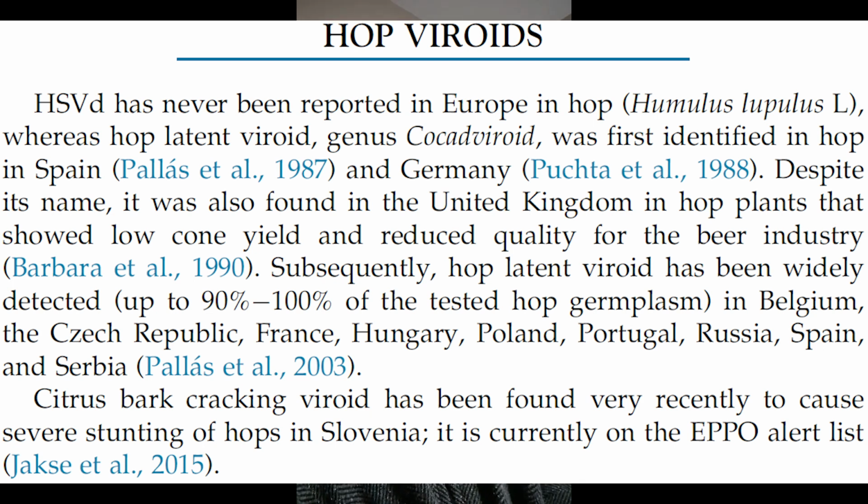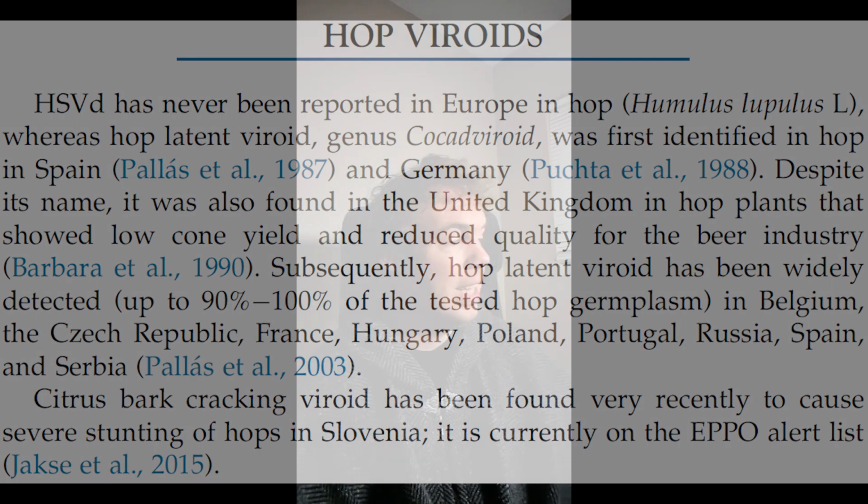Subsequently, hop latent viroid has been widely detected in up to 90 to 100% of the tested hop germplasm in Belgium, the Czech Republic, France, Hungary, Poland, Portugal, Russia, Spain, and Serbia, and this was in 2003. Citrus bark cracking viroid has been found very recently to cause severe stunting of hops in Slovenia. It is also currently on the EPPO alert list, so that's the European Plant Protection Organization, I believe.